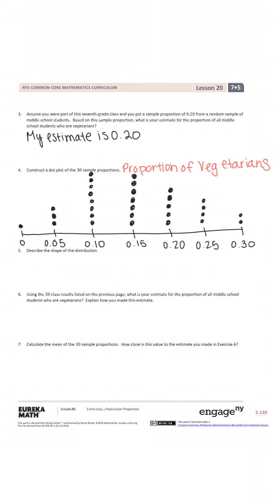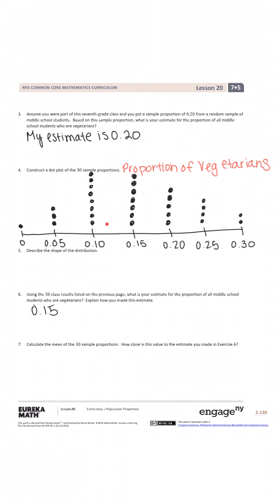I estimated that the proportion of all middle school students who are vegetarians is going to be 15 hundredths because my dot plot here is a little asymmetrical. When we go out to the sides, our proportions are not very big.